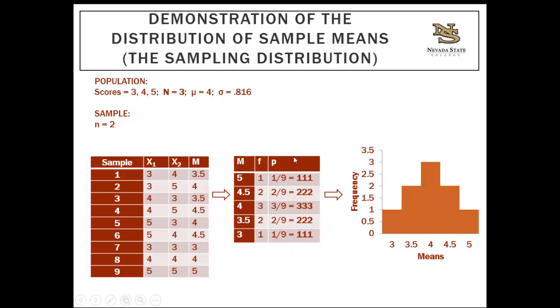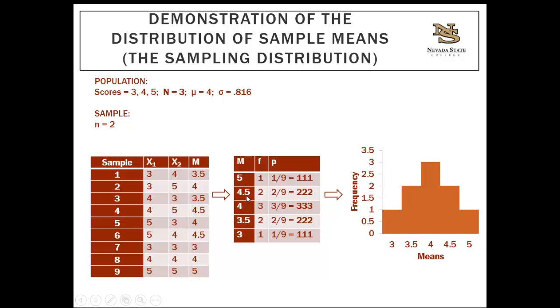And then remember, back when you looked at full frequency distribution tables, you saw how to calculate the probability associated with each score in the data set. So if we were taking a random sample of 2 people from this population, we would have a 1 out of 9, or a 0.111 probability of randomly selecting a mean of 5.